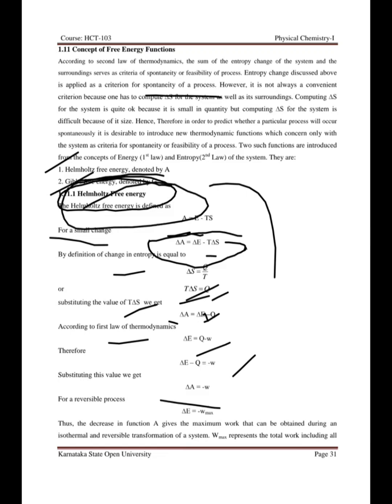It can be written as delta A is equal to minus W. For reversible, it will be in the maximum state.